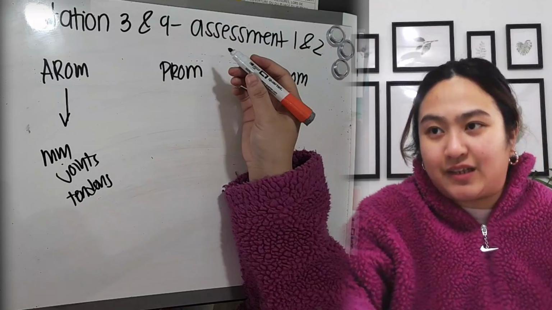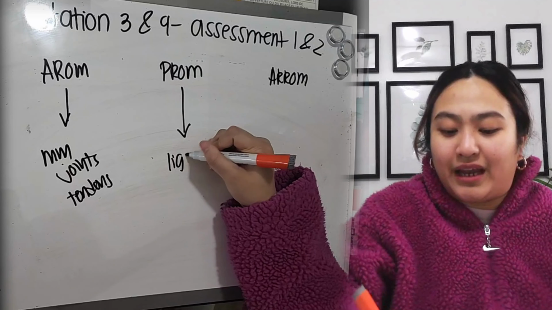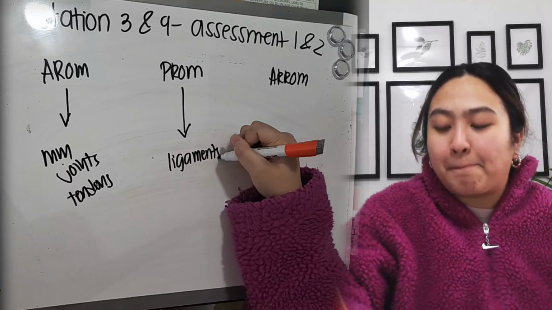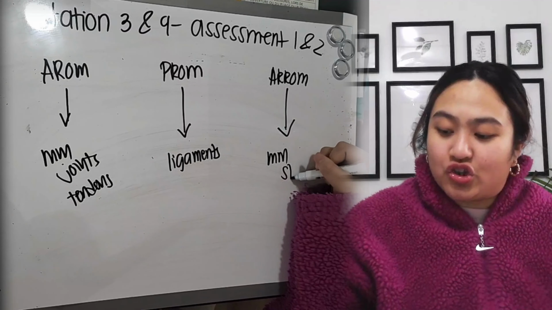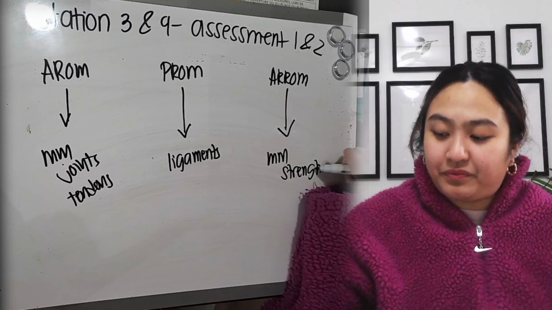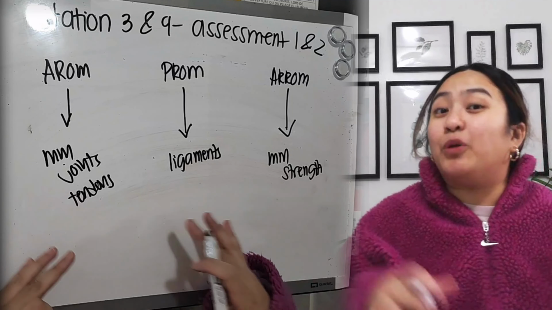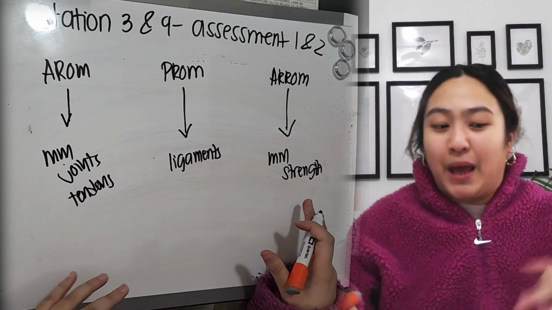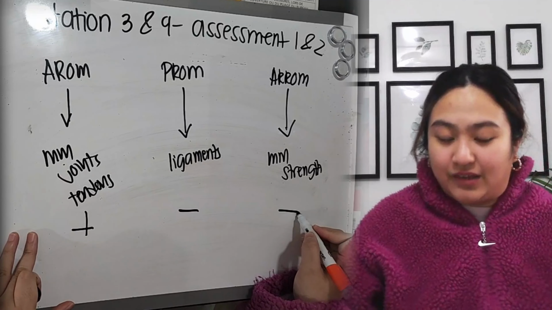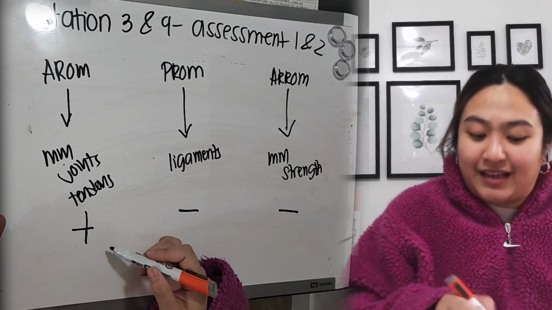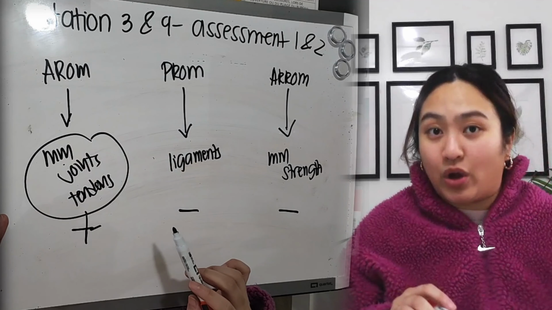If the patient is experiencing pain on passive, then it's going to be ligaments, mainly. And then if it's active resisted range of motion, it's the muscle strength. And it's important that you understand this because it will help you pick a test next. Because if they are positive with active and negative with these things, it means the special orthopedic tests that you're gonna pick should be related to the muscle, joints, and tendons.